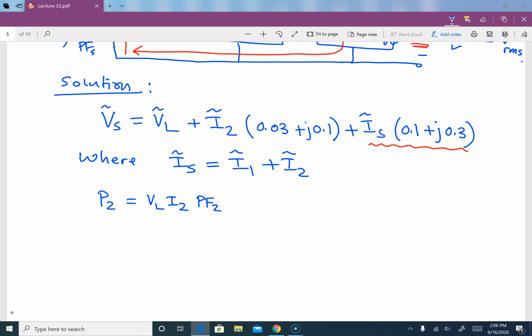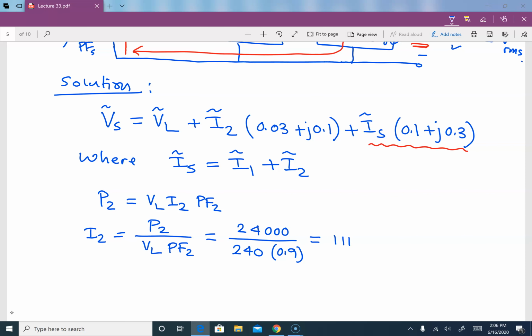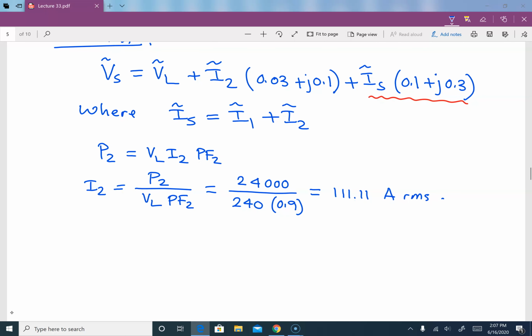The only unknown is I2. So I2 is equal to P2 divided by VL PF2, which is 24,000 divided by 240 times 0.9, and that is equal to 111.11 amperes, in RMS since the voltage is given in RMS.